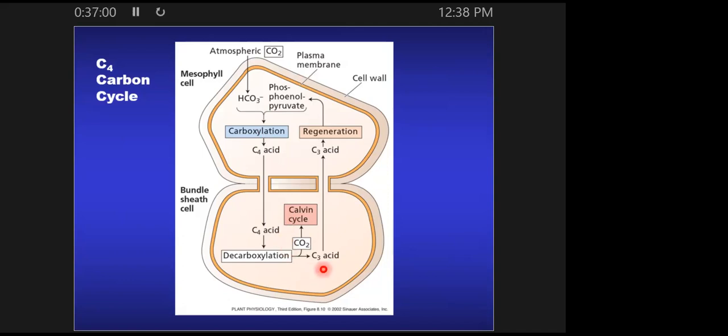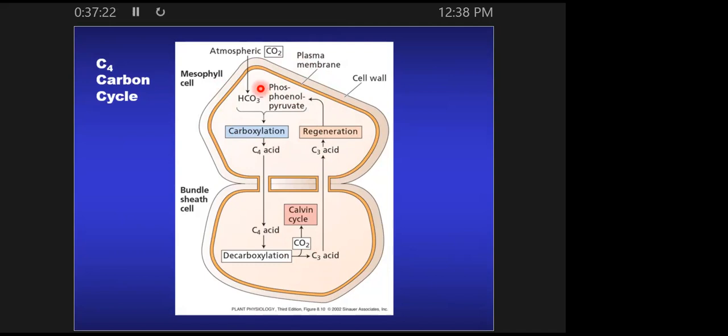Okay, so with C4 plants, the C4 cycle actually kicks off in the mesophyll cell, where they'll bring in CO2 into the spongy mesophyll. And it's not rubisco that's going to interact with it first.